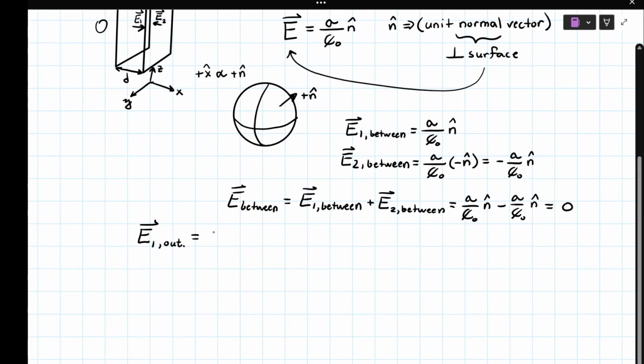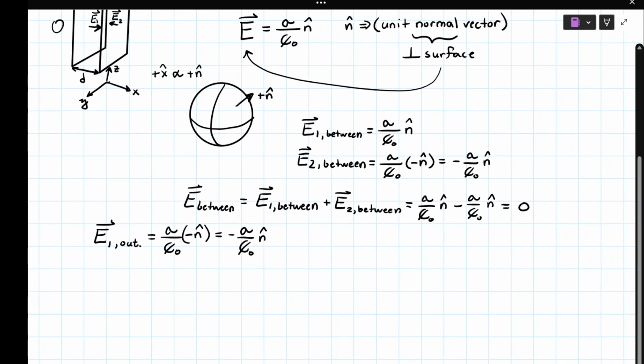So it's going to be sigma, same charge density, over epsilon naught, in the negative n hat. So this is our vector E1, sigma over epsilon naught n hat.